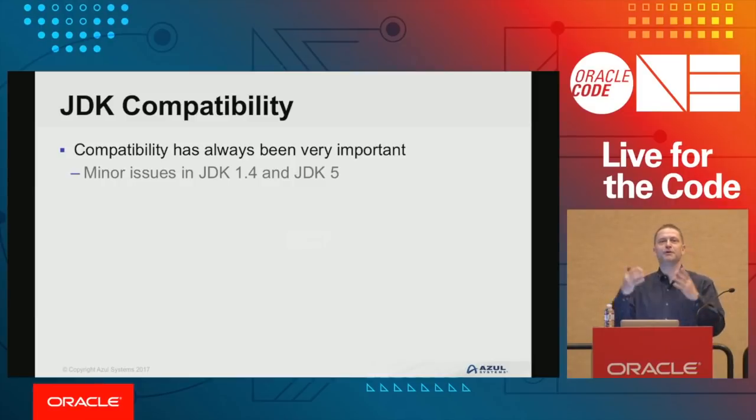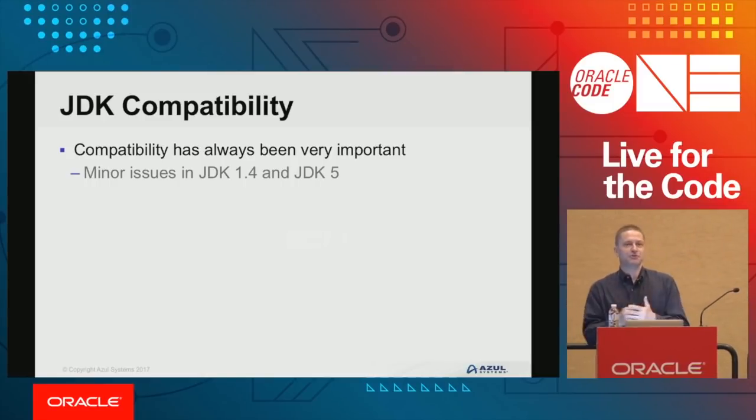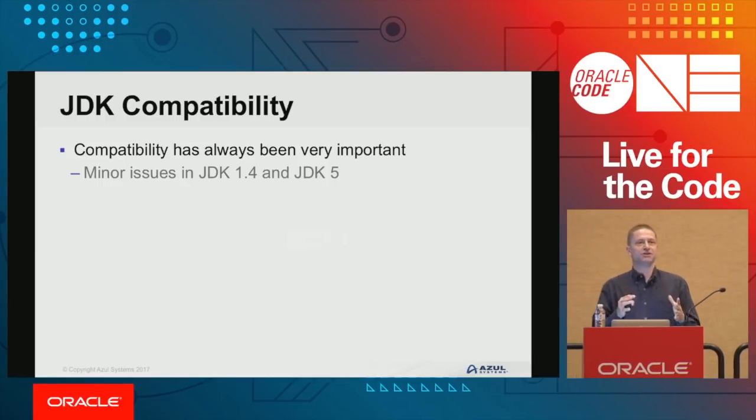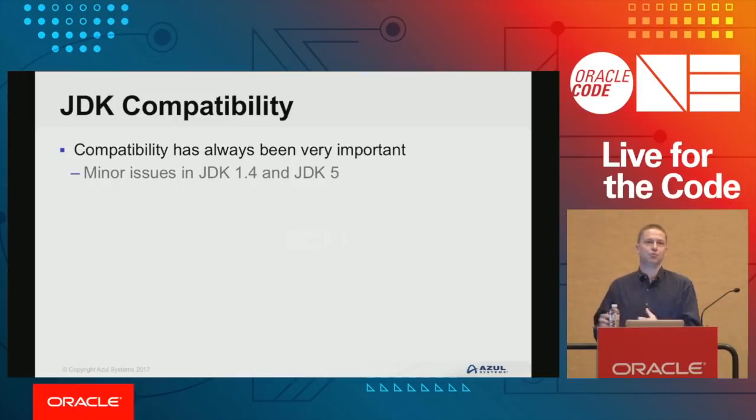Now, I'm sure that nobody here would use enum as a variable name. I said that when I was talking about JDK 5 back many, many years ago, and I said, of course, nobody would use that. And then I compiled some of my own code, and I found that I had used enum as a variable name. But the reality there is that the changes were not significant. If you needed to modify your code to work on JDK 5, it was a simple pattern match, search and replace type of thing.